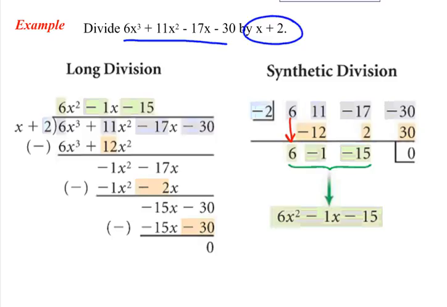So let me talk through the process here. Since we brought down the 6 and it's now under the line right there, we're going to multiply it by our root. So we're going to do negative 2 times 6 to get negative 12. So this is what we did. Negative 2 times 6 equals negative 12.